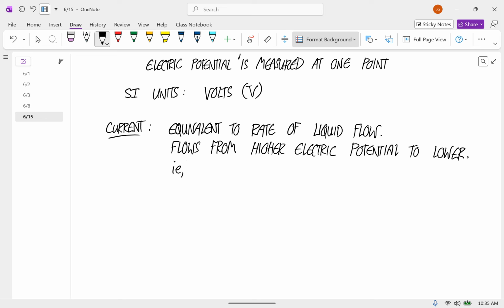In other words, from the positive to the negative in terms of polarity.